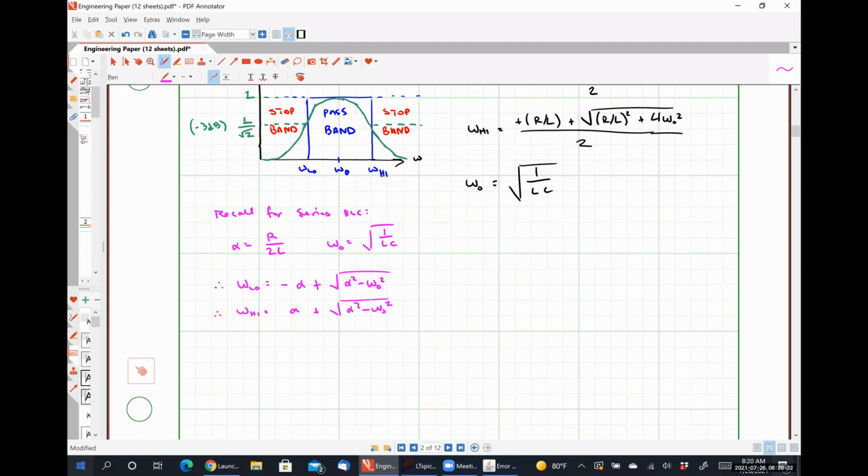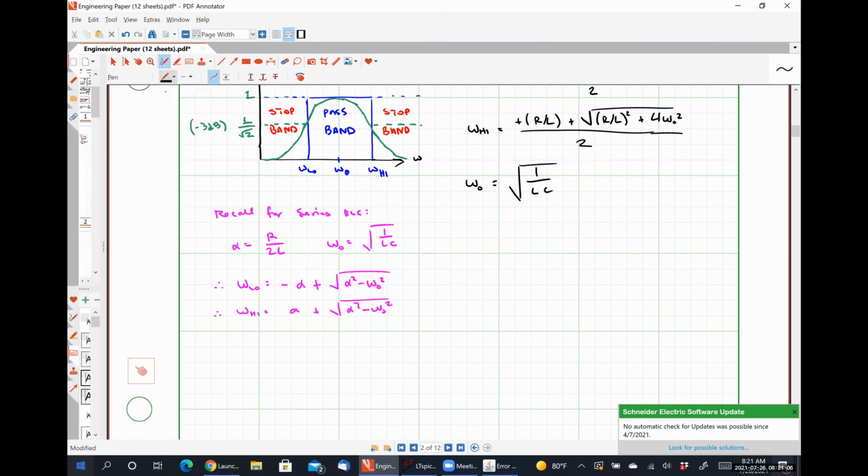So these cutoff frequencies are very similar to the natural frequencies of the transient response, but instead of changing the sign on the plus or minus associated with everything under the radical, we're changing the sign on the alpha out in front. Other than that, it's exactly identical to what we did with our transient analysis of RLC circuits.